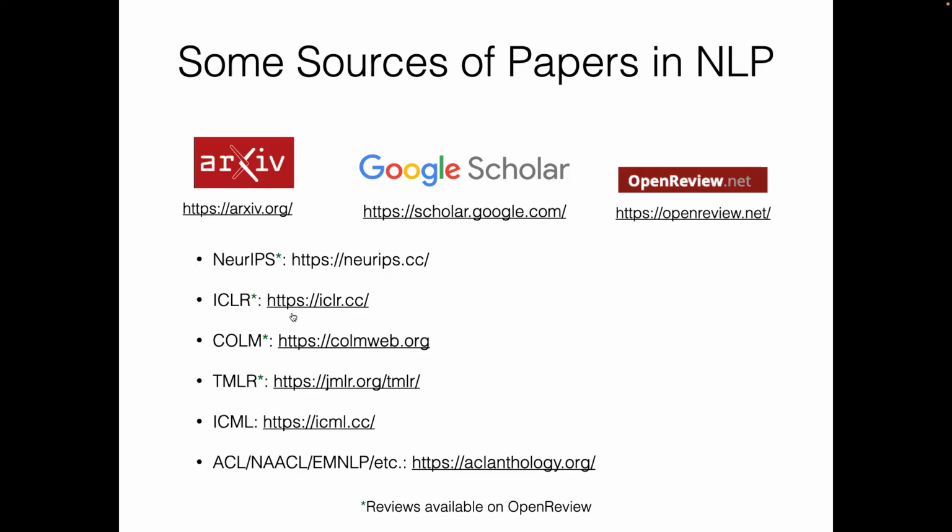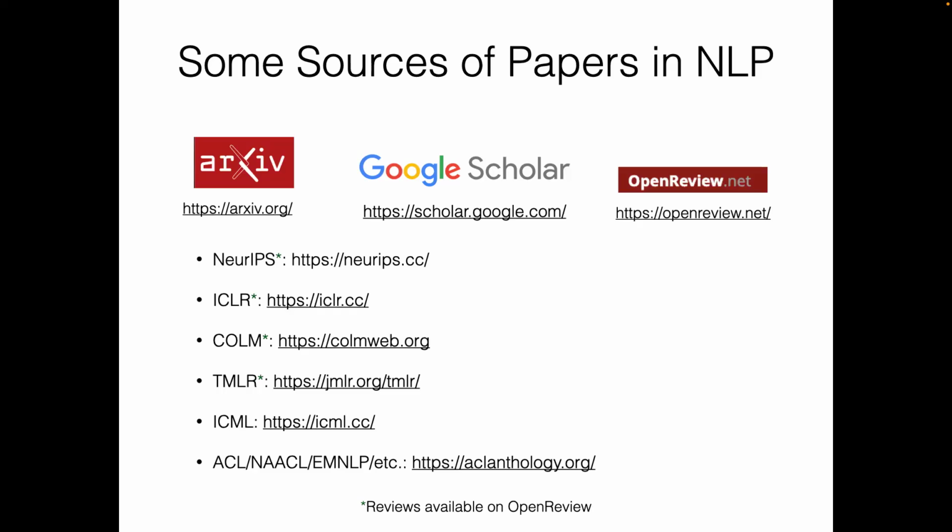So for the very, very recent papers, most stuff is posted on arXiv and then it'll be indexed by Google Scholar. And there's a variety of ways to start narrowing down things here. So if you know certain researchers or research groups, just look at their papers.